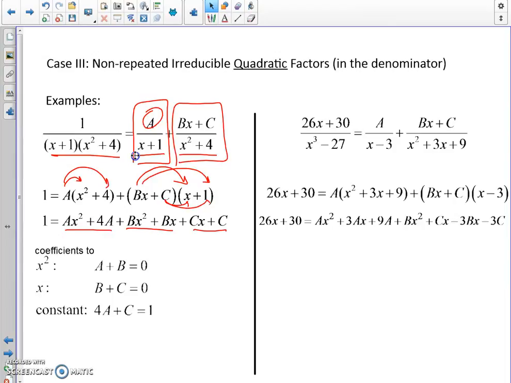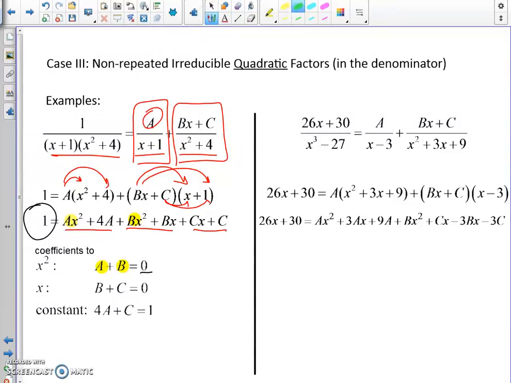Now to solve this, I need to set up a system of equations. Again, we did this yesterday. I'm looking for my quadratic terms on the right. So I have a plus b, and I notice on the left, I do not have a quadratic term. That's why I have a 0 here.